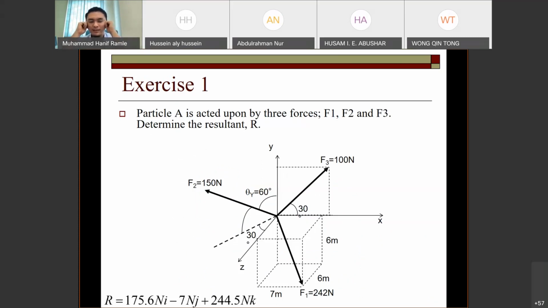From the system, you can see there are three forces, F1, F2, F3, and for each one you have to use a different method to get the component. You have to prepare a pen and a sheet of paper. So this is the time to practice.